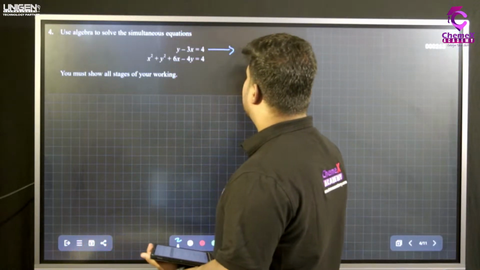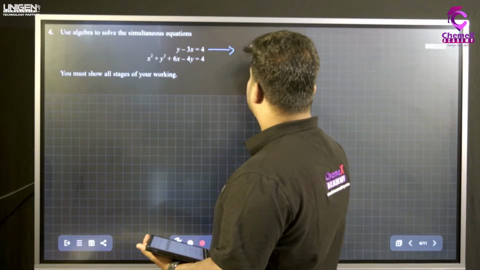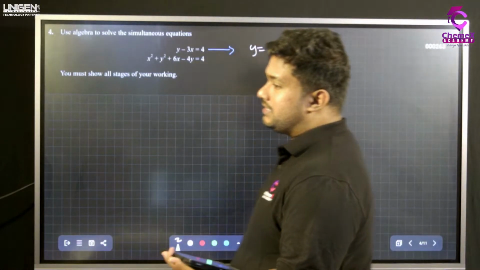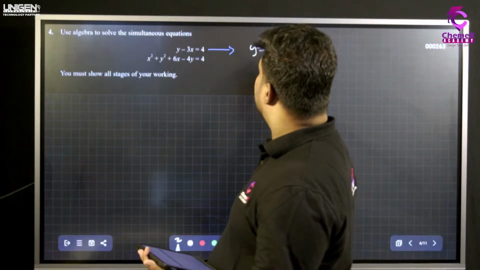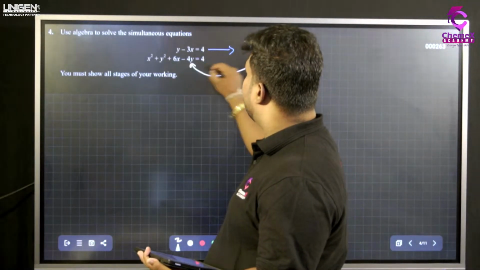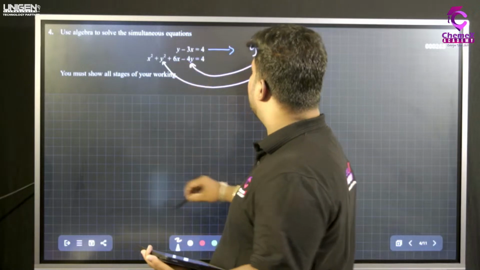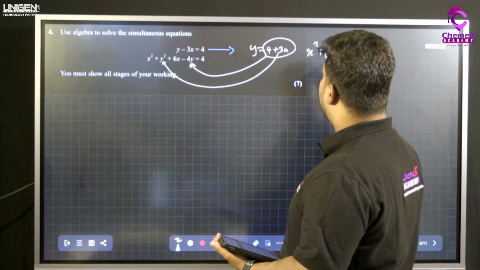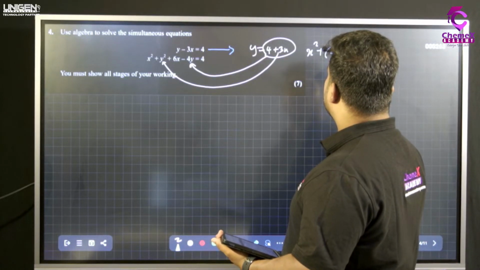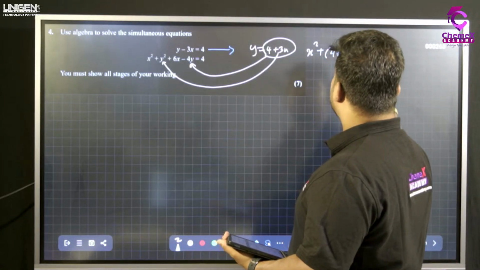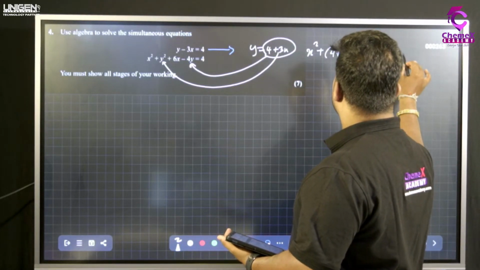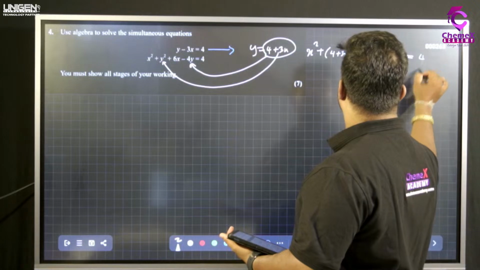First thing is, write what? y is equal to 4 plus 3x. Then you substitute this in where? Here and here. So what do you get? x squared plus, instead of y we write (4 plus 3x) squared plus 6x minus 4 times (4 plus 3x) equals 4.